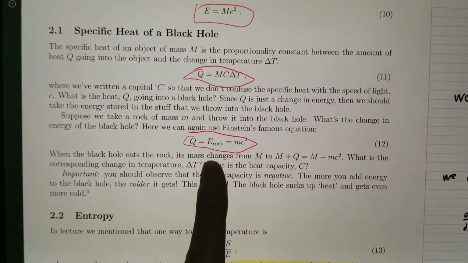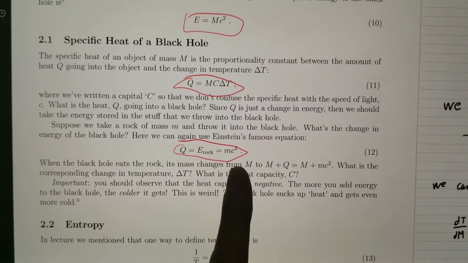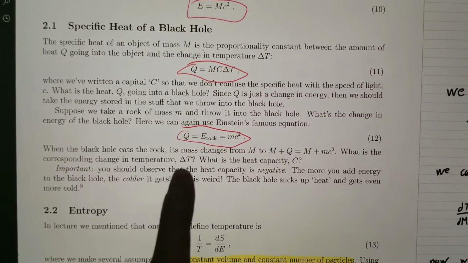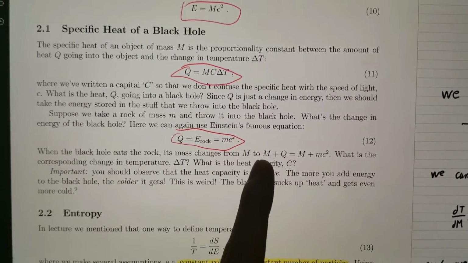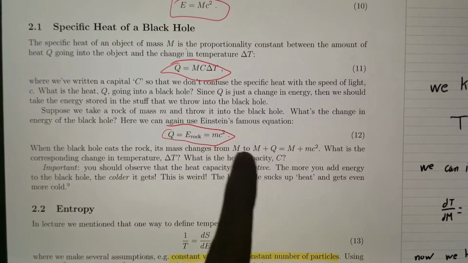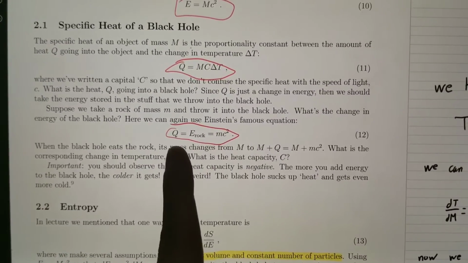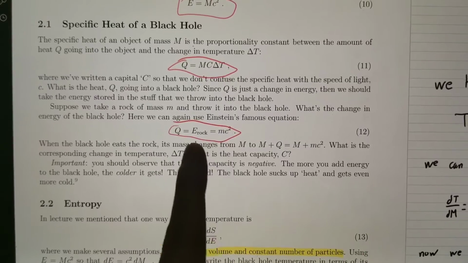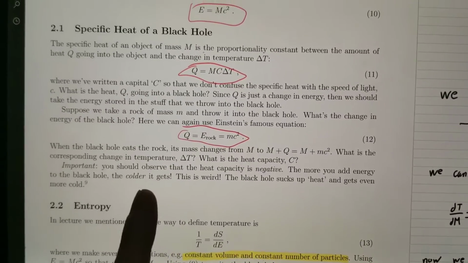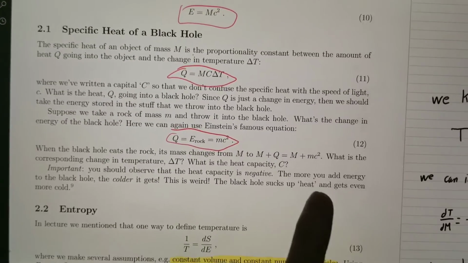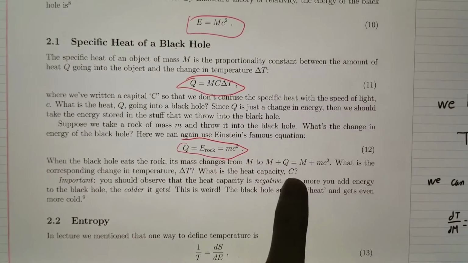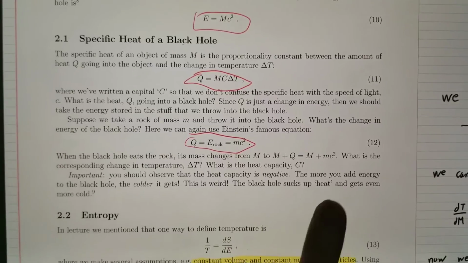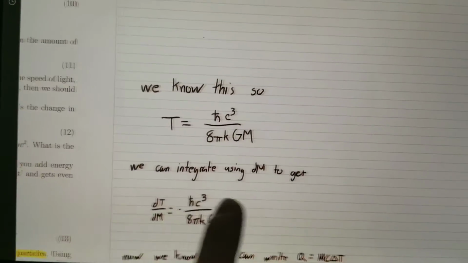E of the rock is equal to mc squared, and so when we calculate this part right here, the mass changes from m to m plus Q over c squared, because we switched it out using this circled equation. We find that we can use this in our calculations for delta T and the heat capacity for the black hole.